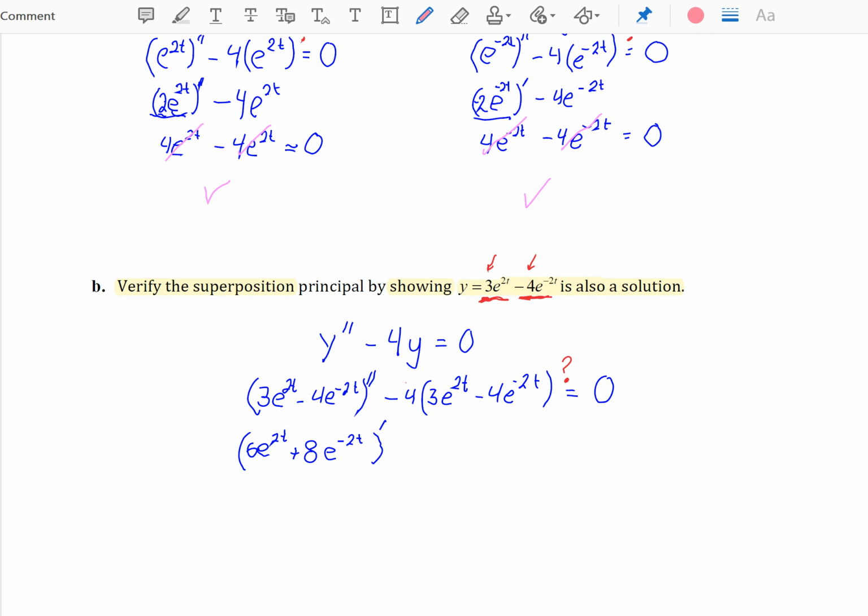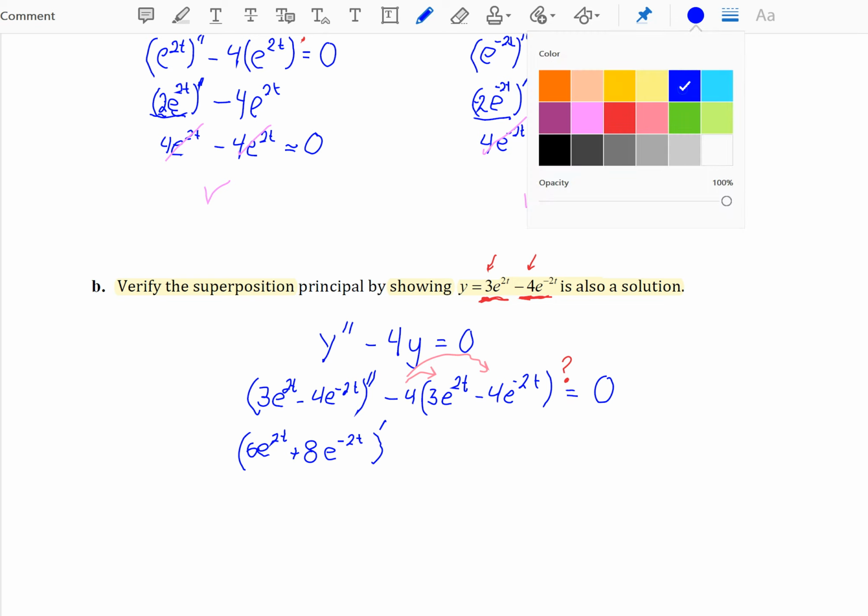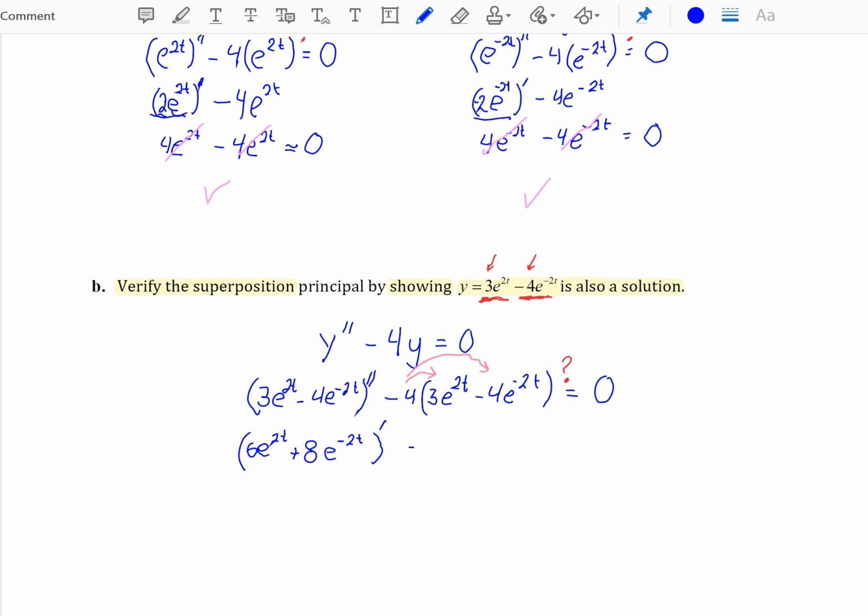On our second term, I'm going to go ahead and distribute the -4 and write this as minus 12e to the 2t plus 16e to the -2t.